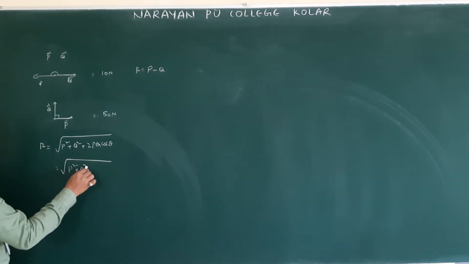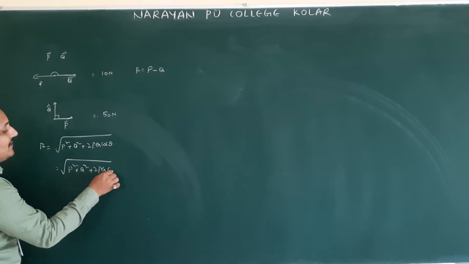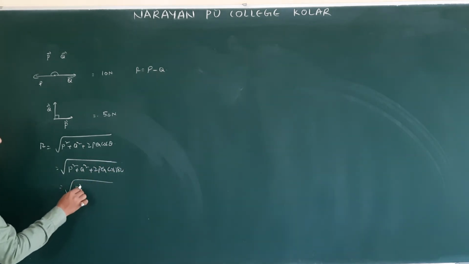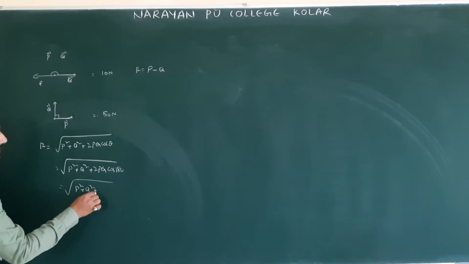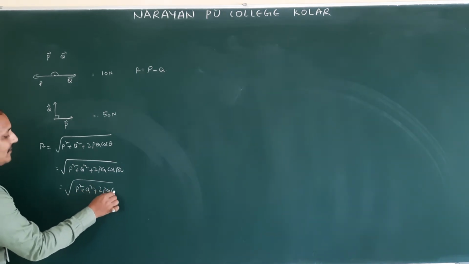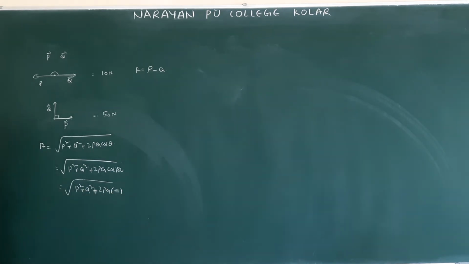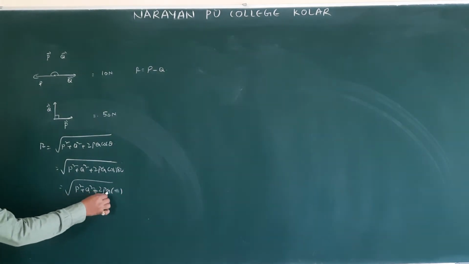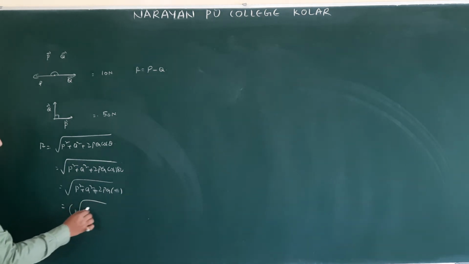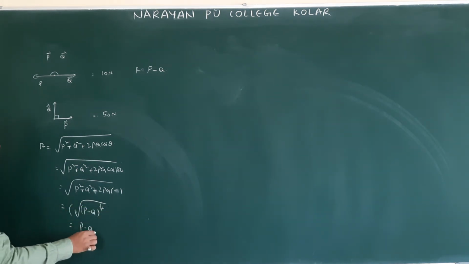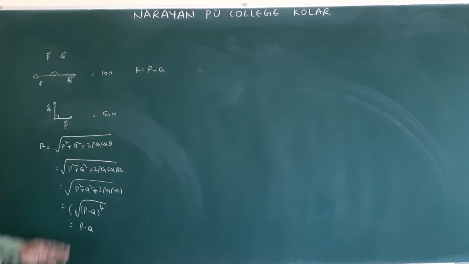P square plus Q square plus 2PQ cos 180. Cos 180 value minus 1. Minus 1 into plus, this is minus 2PQ. a square plus b square minus 2ab, therefore you will get P minus Q whole square. Root and square will be cancelled. Means if two vectors are in opposite direction, resultant is P minus Q.